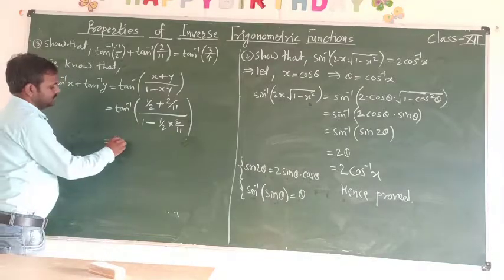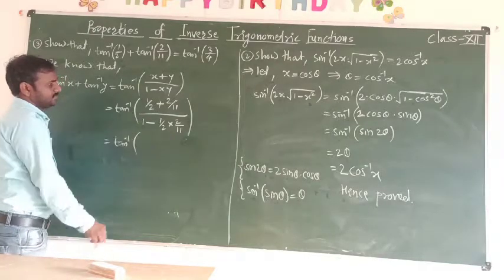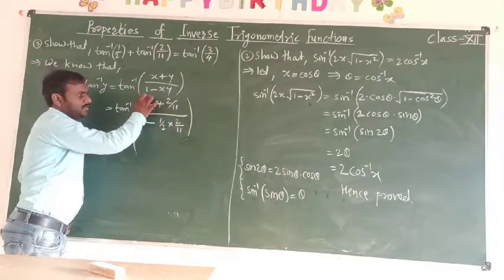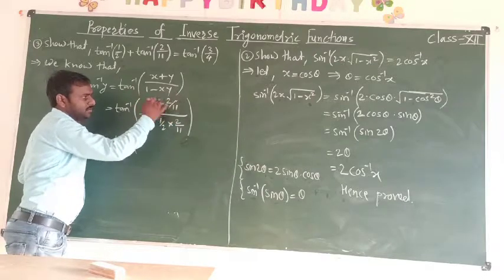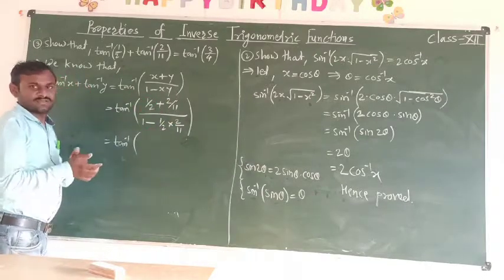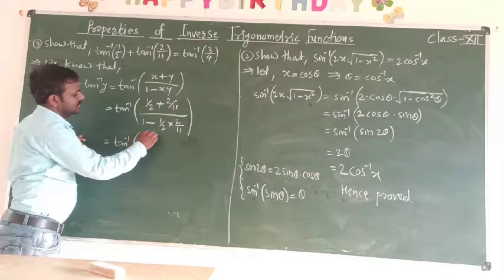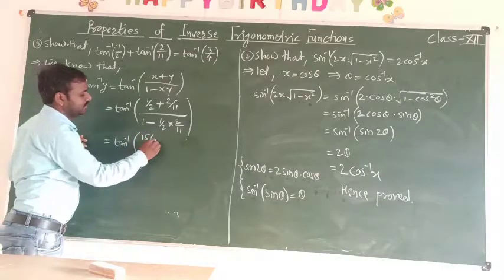Now we get tan inverse of the numerator 1 by 2 plus 2 by 11, which is 11 plus 4 over 22, that is 15 by 22.